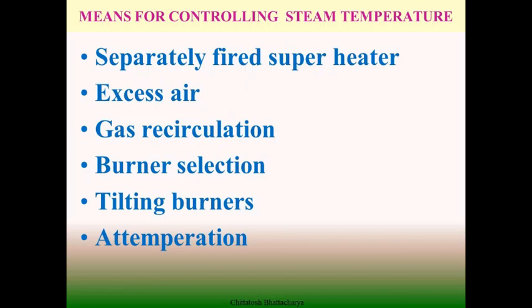This steam temperature control may be done by separately fired superheaters or regulating the excess air, or some of the units have flue gas recirculation from the air preheater outlet. Sometimes we specify the selective burner operation, so that by using the upper burners we can give more heat absorption in the superheaters, or using the lower elevation burners, we can improve the heat absorption in the water walls.